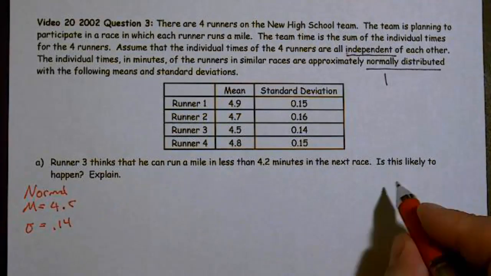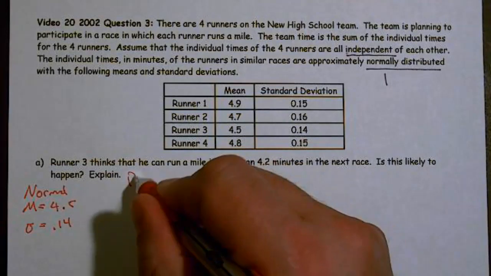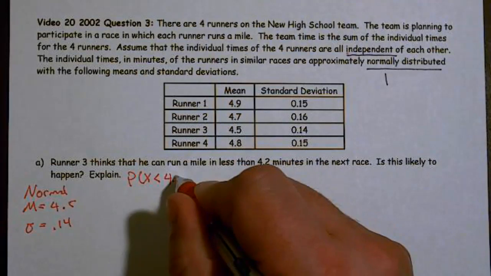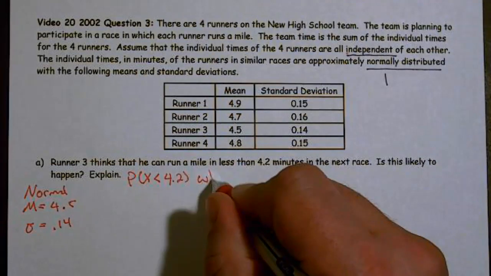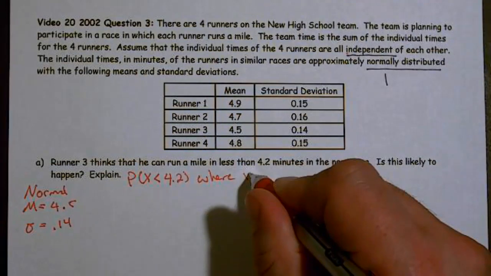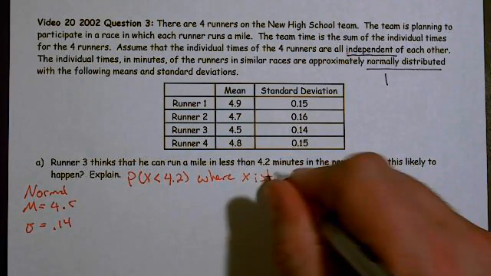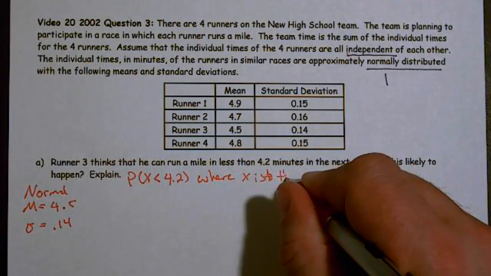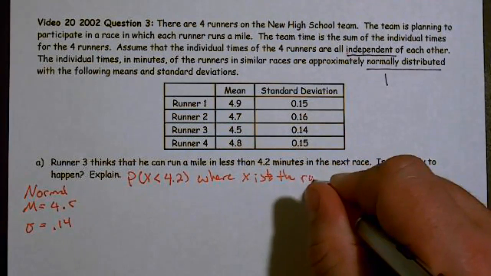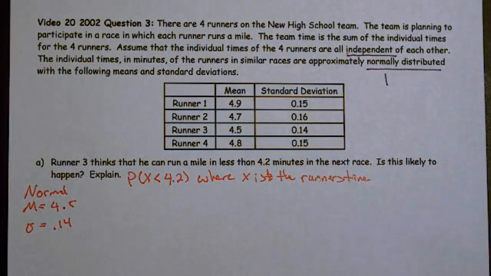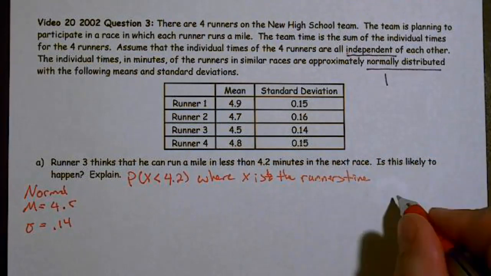So we want the probability that X is less than 4.2, where X is the runner's time. It's actually runner 3's time.